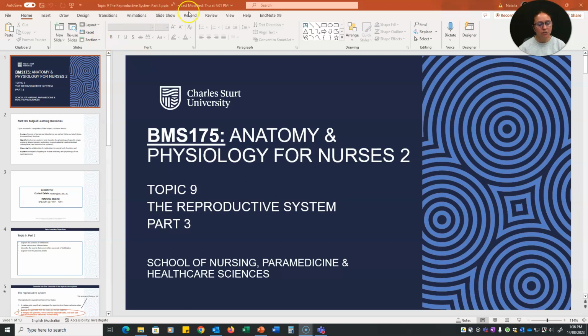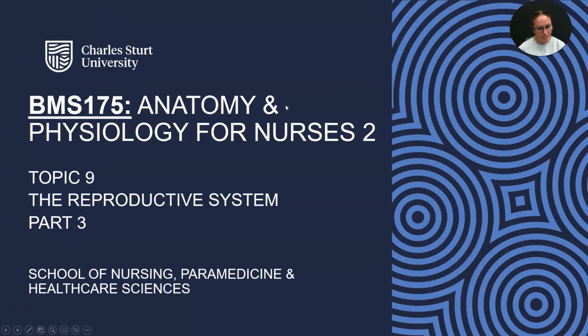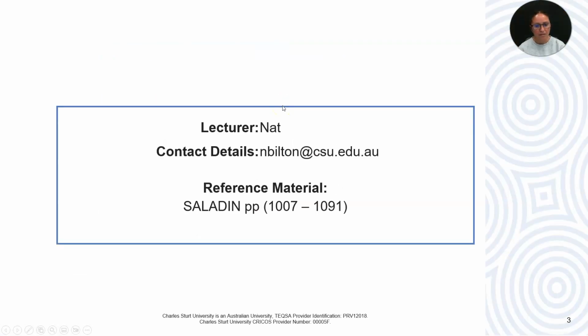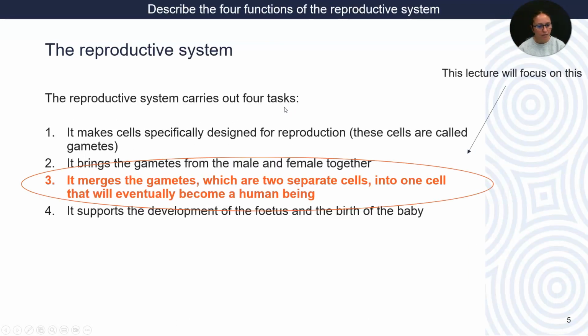Okay, so let's talk about part 3. Reproductive system, part 3. We did part 1, where we looked at how the human body can create some special cells that we use essentially to make another human being.